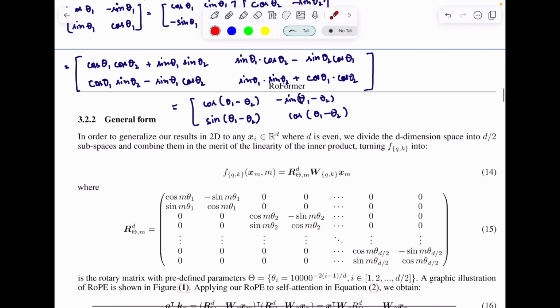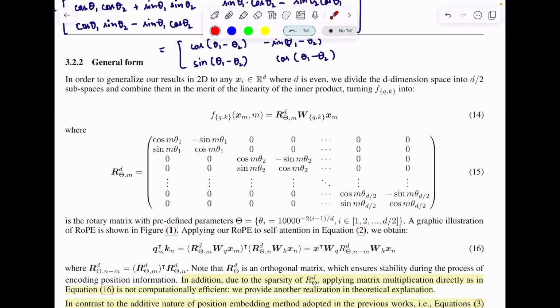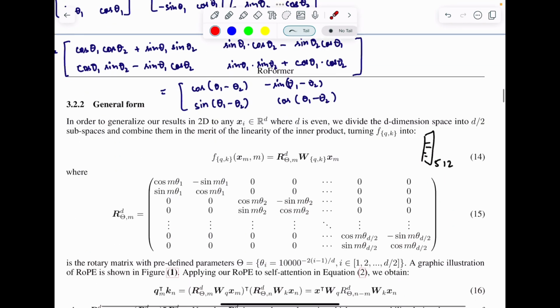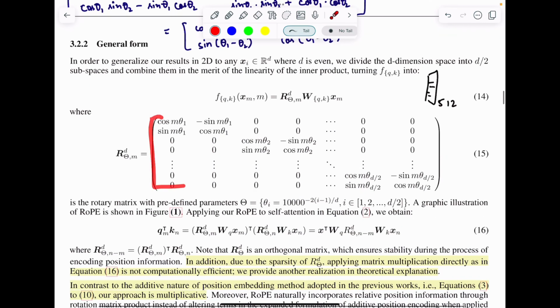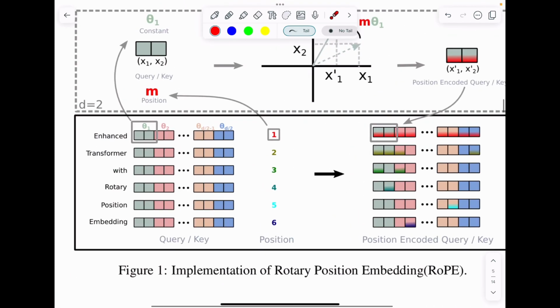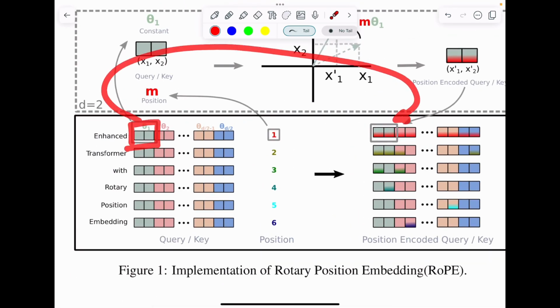Now in the case of the general formulation where you have a d-dimensional vector, let's say 512, you have this rotation matrix, but it was in the 2D form. You copy paste it and create a larger matrix where every 2 dimensions will be rotated at a time. That's what they showed in the figure also: at a time you pick 2 dimensions, rotate them and paste them back.